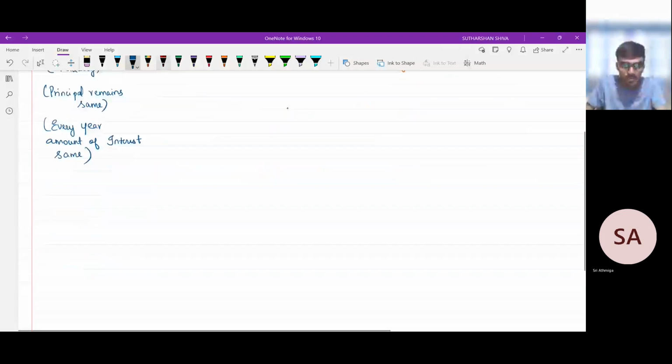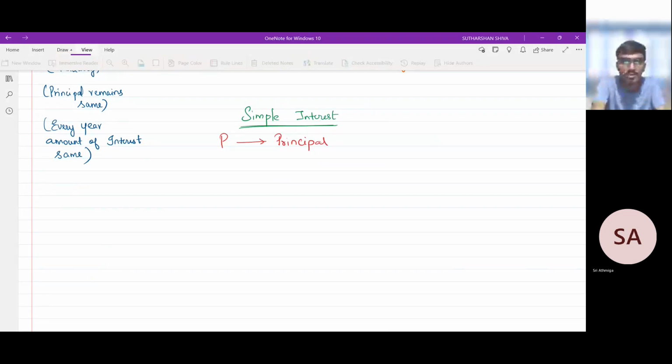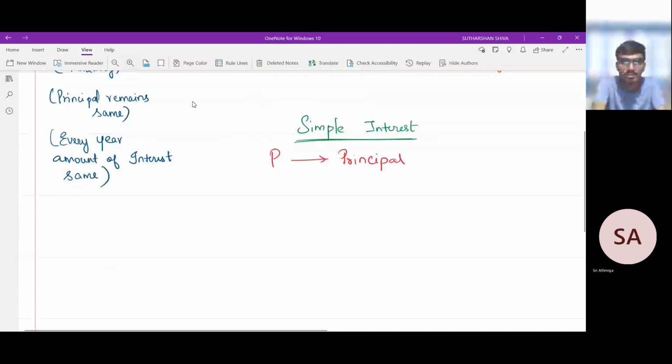Before getting into the sums, you should know the symbols used in simple interest, the short terms. Put a heading, Simple Interest. P indicates principal. A indicates amount.